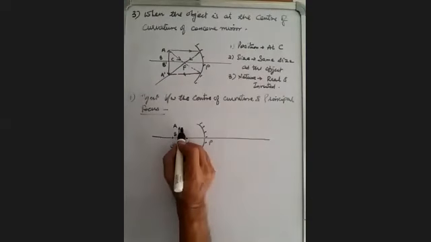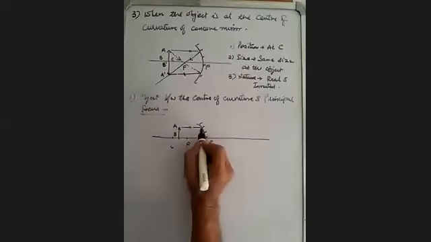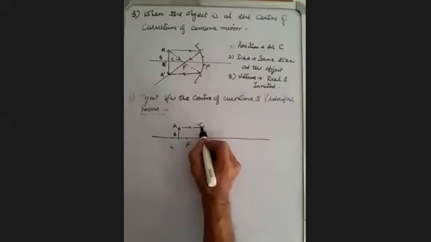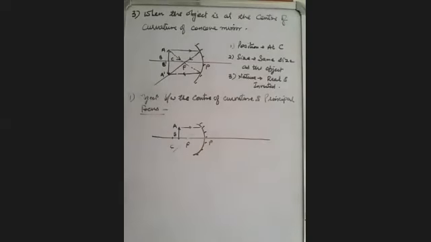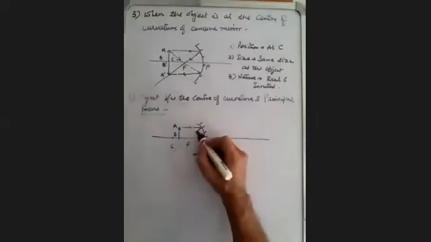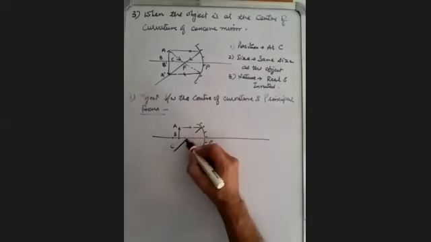So a ray, let us consider one ray parallel to the principal axis, and now we know that it is reflected to the principal focus. So the direction of the reflected ray is such that it is passing through the principal focus.